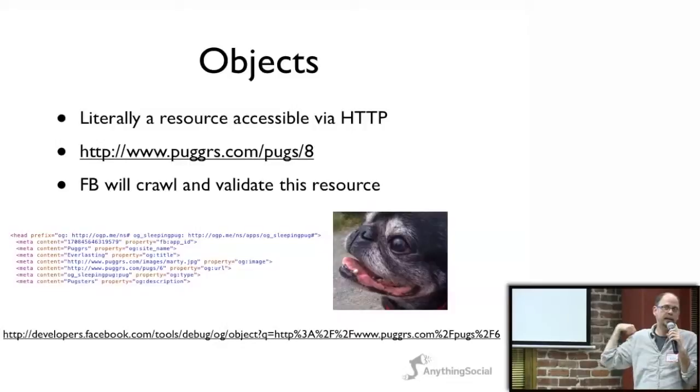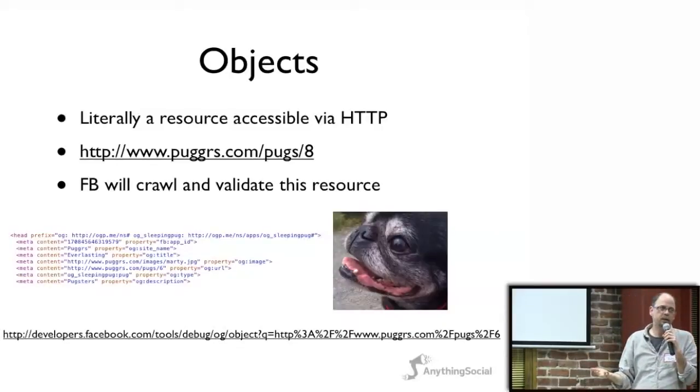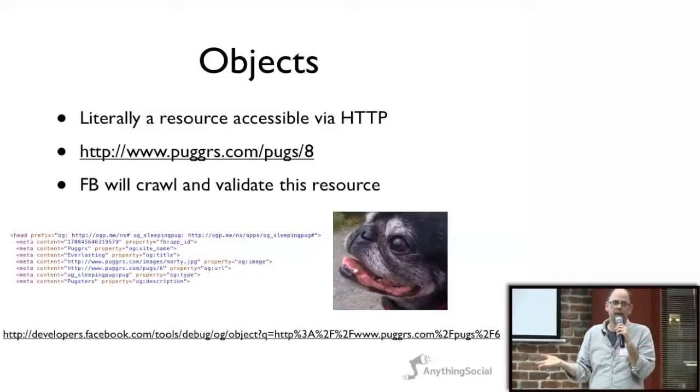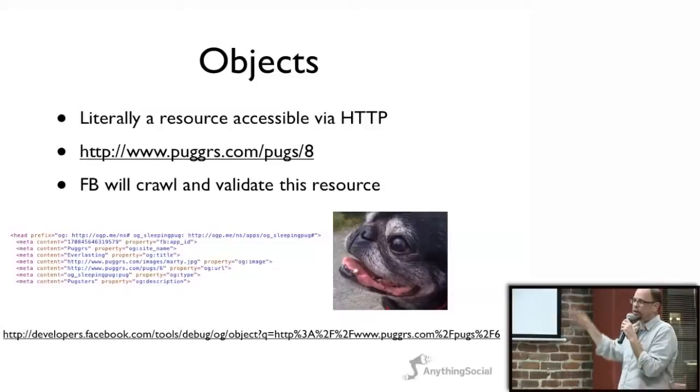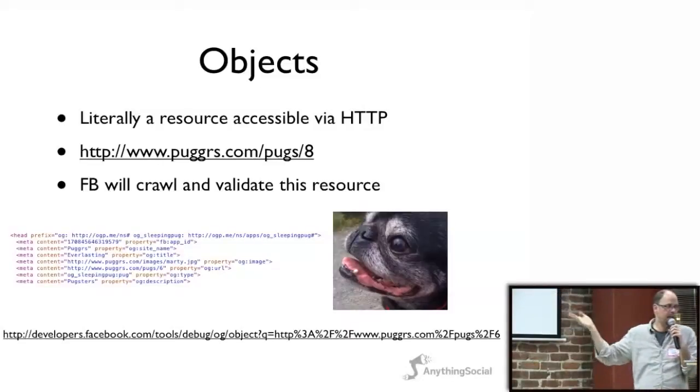So you can also, for instance, imagine in a recipe or a cooking application that you would want to say this is a vegan recipe, or you might want to say this is a vegetarian recipe, or this is a dairy-free recipe, or whatever. So there's all kinds of ways to associate properties and stuff with a particular object. But again, an object has to have a real instance, and it has to be crawlable.